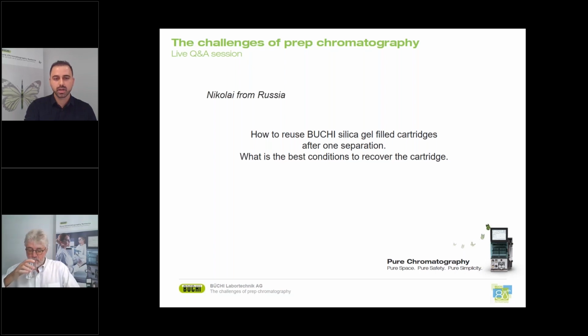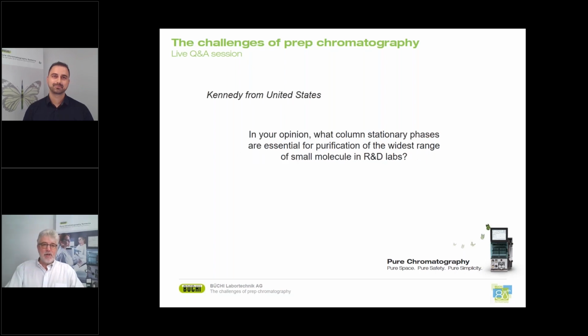So Ken from the US is asking, in your opinion, what column stationary phases are essential for purification of a wide range of small molecules in R&D labs? There are different functionalities available in the market, and that's not just because our manufacturers or suppliers want to sell more.